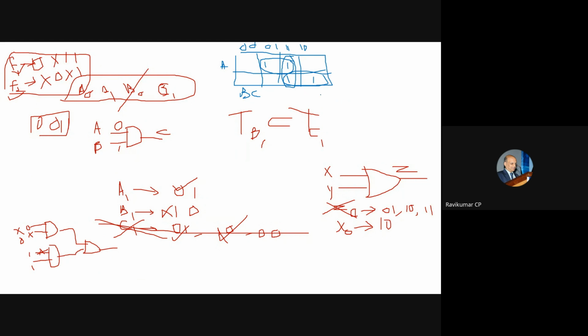Somebody figured out this is A bar C plus this is AB. And they also included one more term, which is BC. So this term is redundant. It's not required.